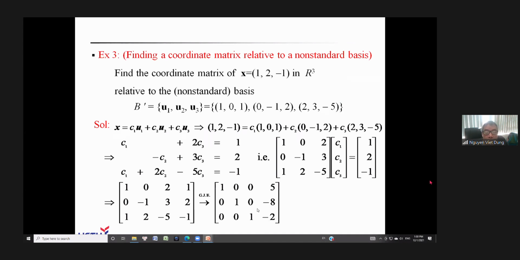We get that one, which means our coordinate will be 5, -8, and -2. So that is the way we find the coordinate of any vector if we are already given the basis. And in this example, the basis is non-standard.